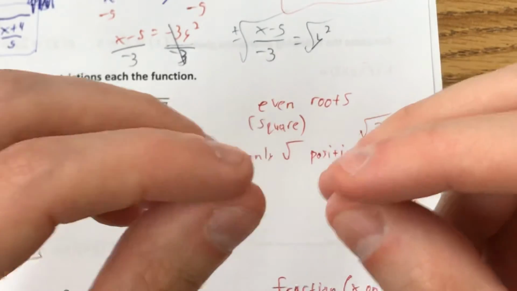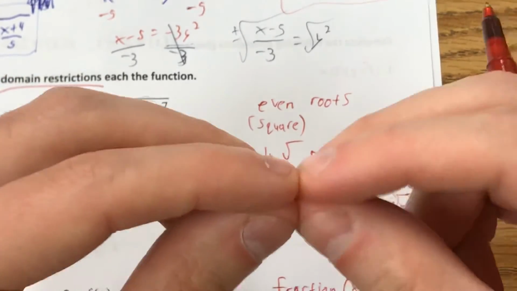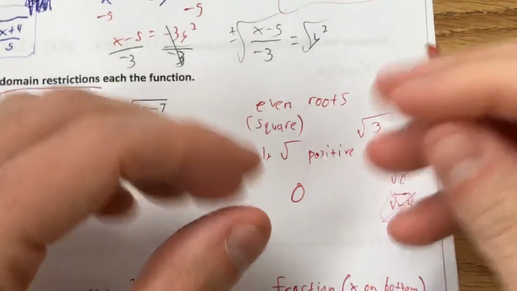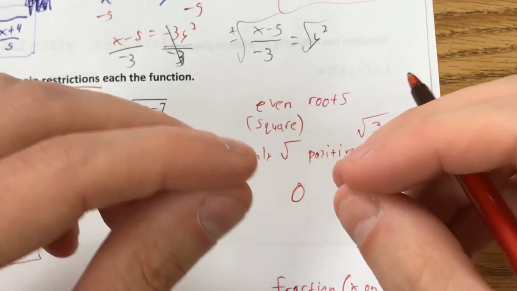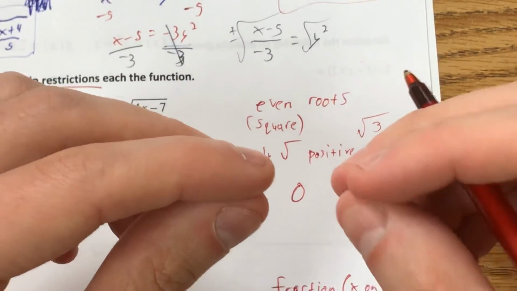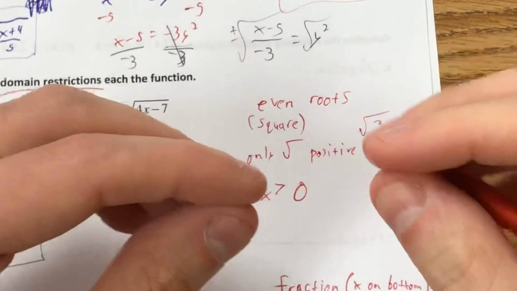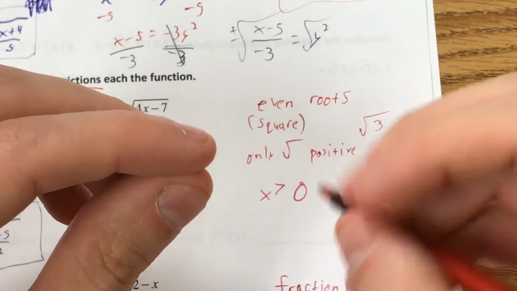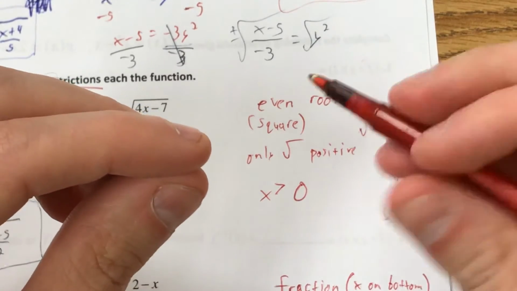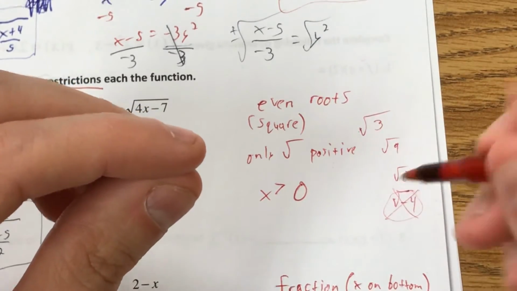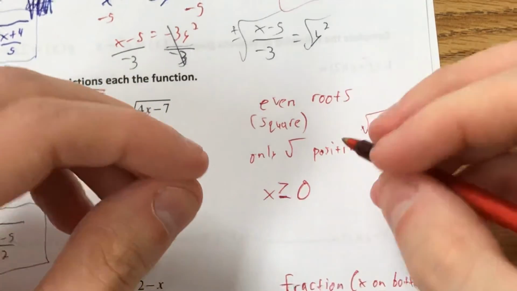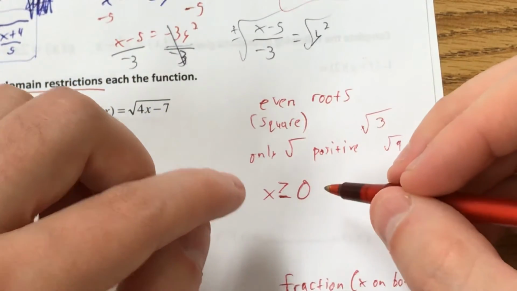It's 0. If you are talking about positive numbers, these are the numbers that are more than 0, or as they write in math, x is greater than 0. But as I said, you are allowed to square root 0, so it can be anything greater than or equal to 0.